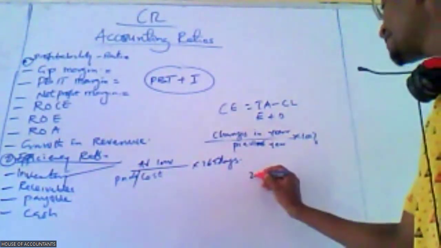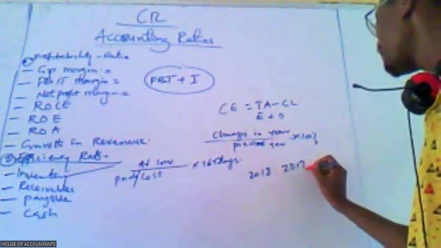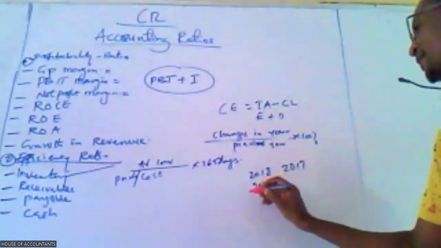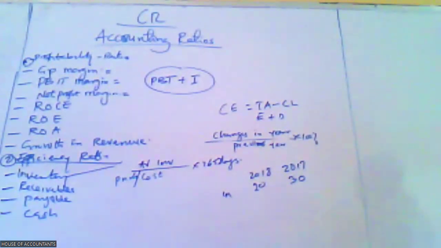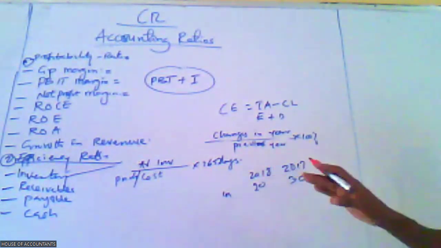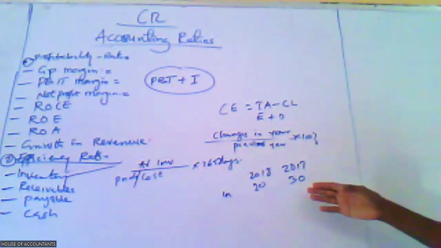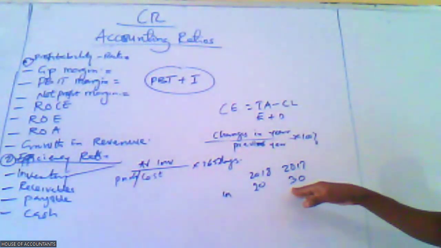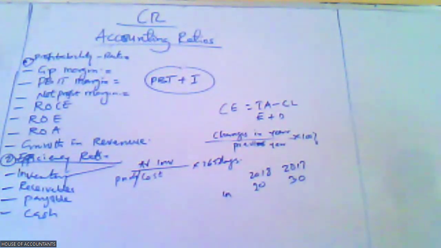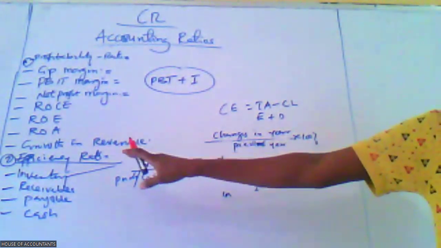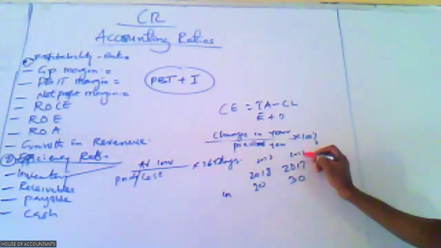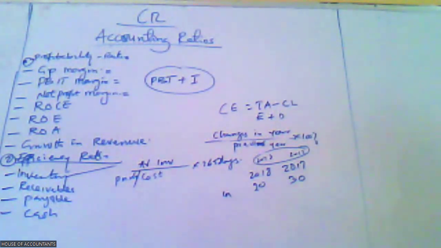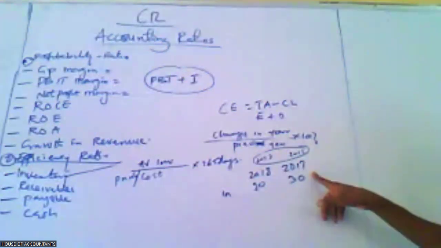Assuming you have 2018 and 2017, and inventory here is 20 and 30. In this case, we'll not be able to get the opening. If they ask us to calculate for only 2018, we can use the average inventory. But if they ask us to calculate for both 2018 and 2017, we will not be able to determine average inventory for 2017.